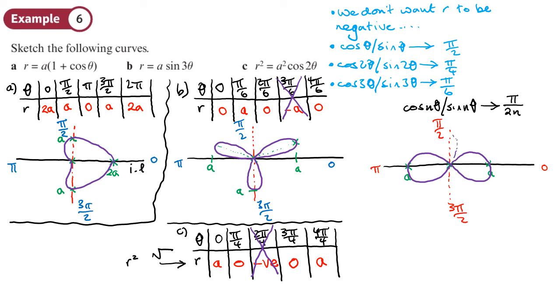It will give you these bits here as well. So I'll draw them in. It will give you that bit and that bit there, which isn't actually part of the diagram. So do be careful when you've got your graphic calculator that not everything you see is everything that you should plot. So just take care with those.